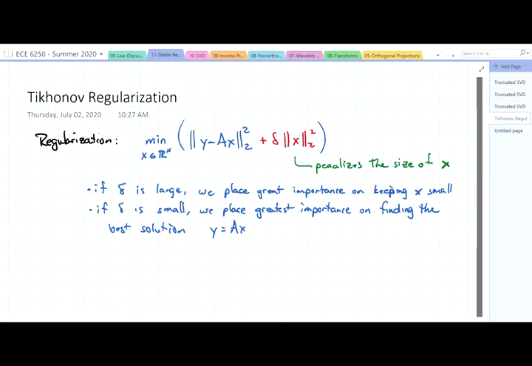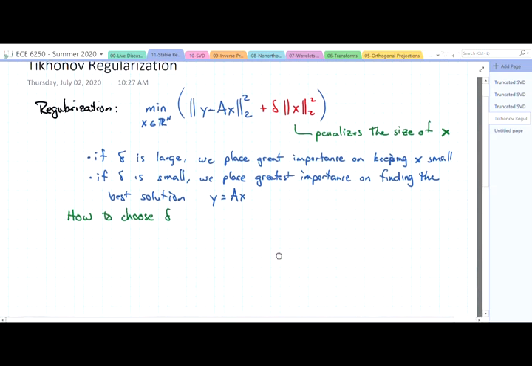So the question is now how to choose delta. In many optimization problems, if you've encountered such, people tweak things and try it out and see if the solution presents itself and change it again. We're actually going to give you a little bit more guidance on how to choose this, but there's still a little bit of the trial and error component to it also.